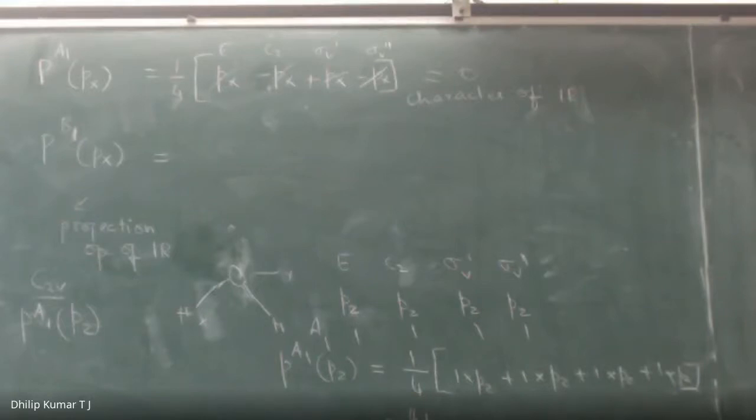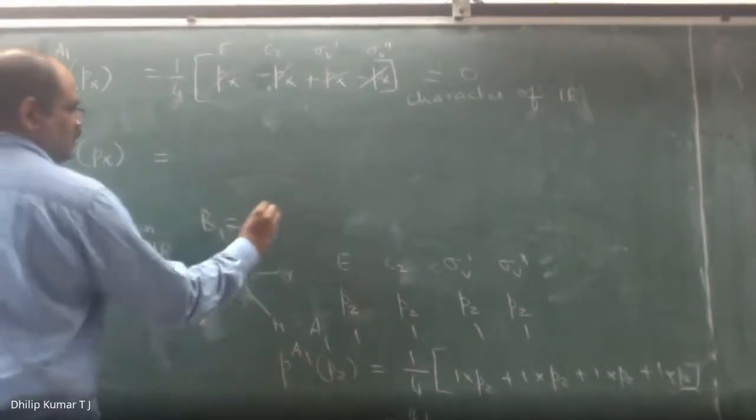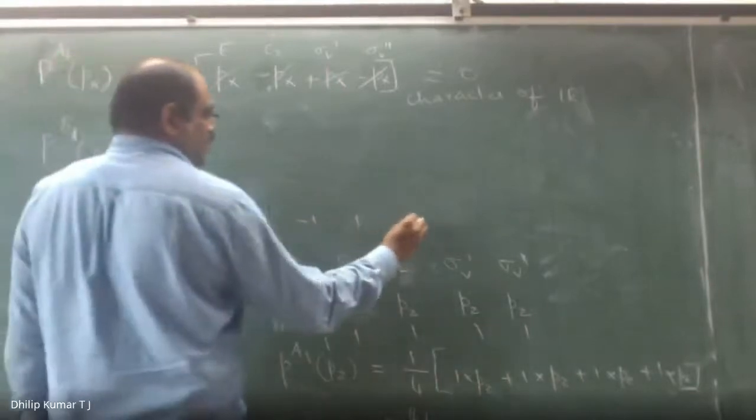Does it remain or cancel out? Sir, it remains. Okay, others? So B1 is 1, minus 1, 1, minus 1, right?